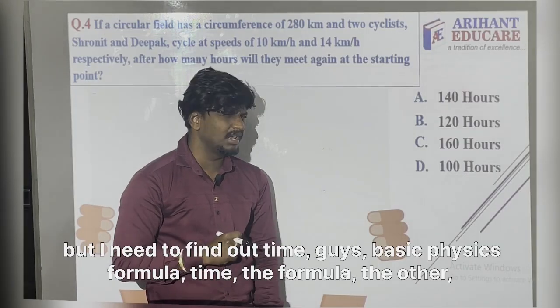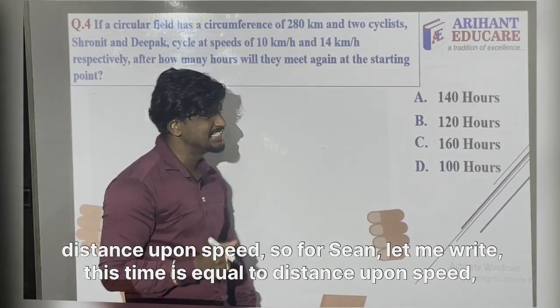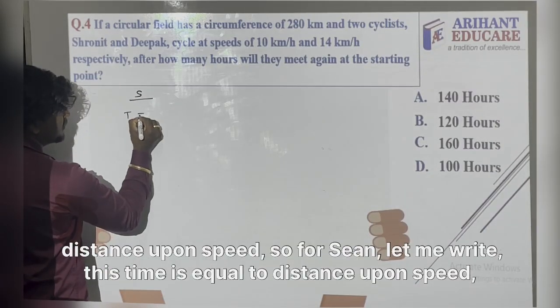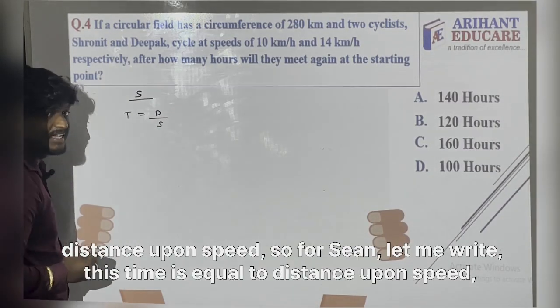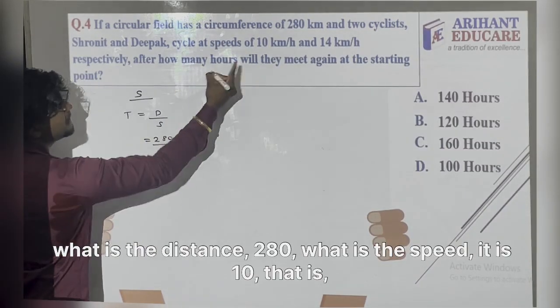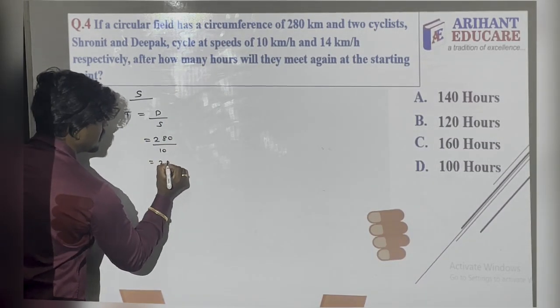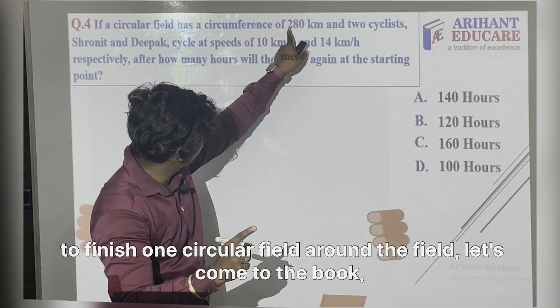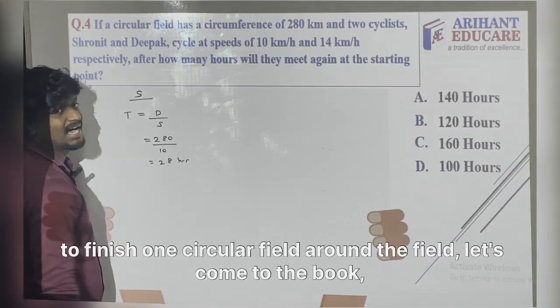Guys, basic physics formula, what is the formula for time? Distance upon speed. So for Shonit, let me write, his time is equal to distance upon speed. What is the distance? 280. What is the speed? It is 10. That is 28 hours. To finish one round of the circular field, he needs 28 hours.